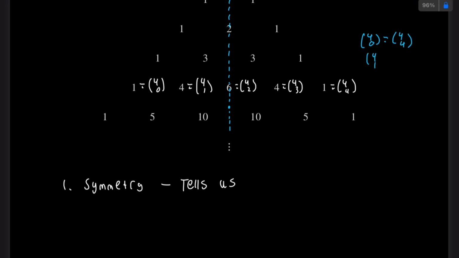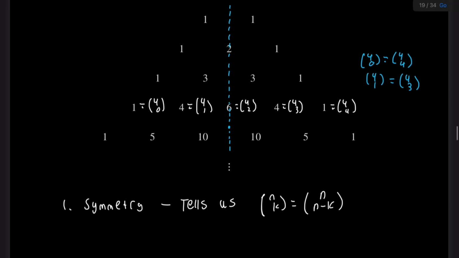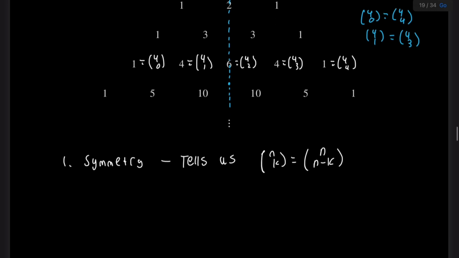We have that 4 choose 1 equals 4 choose 3. And 4 choose 2 is obviously equal to itself, right? So I think the general pattern here should be n choose k equals n choose n minus k, right? This is the generalization of this pattern that we've observed. Is this true? I guess we'll find out.